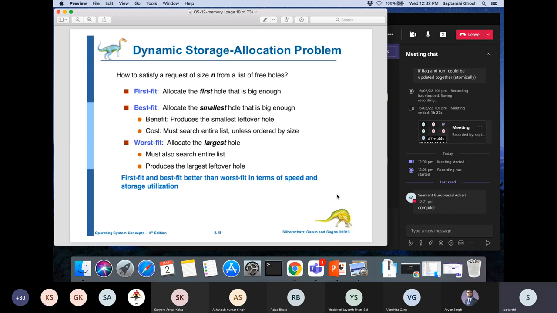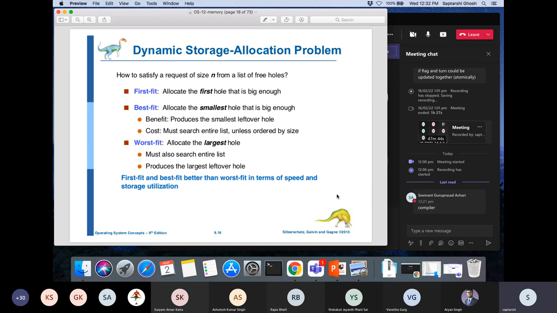There are different techniques. One technique is first fit: allocate the first hole that is big enough. Let's say the OS is maintaining a linked list, where every node corresponds to one hole. Intuitively, the node will store the starting address of the hole and the size of the hole.